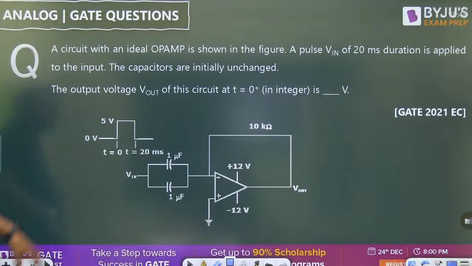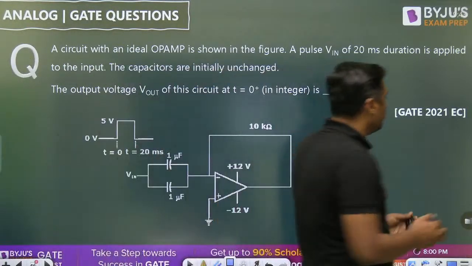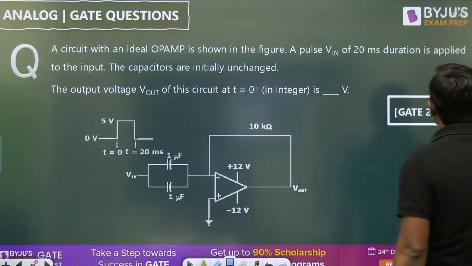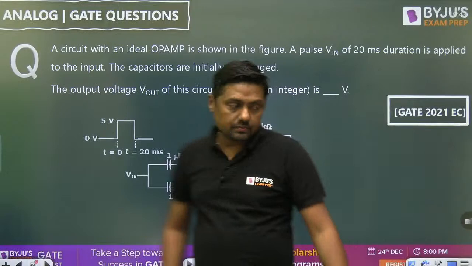Now, a circuit with an ideal op-amp is shown in the figure. Right. This was the question in 2021. A circuit with an ideal operational amplifier is shown in the figure. A pulse Vin of 20 millisecond duration is applied to the input. The capacitors are initially uncharged.